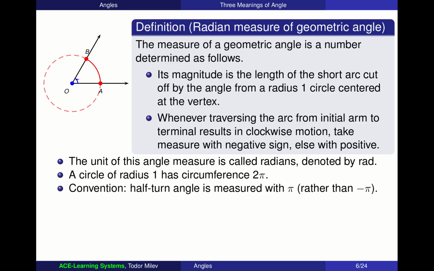Here's a convention. A half-turn angle is measured with pi rather than negative pi.